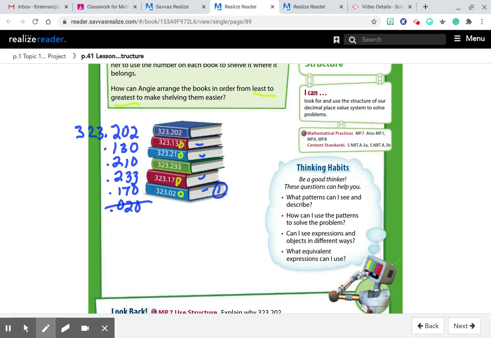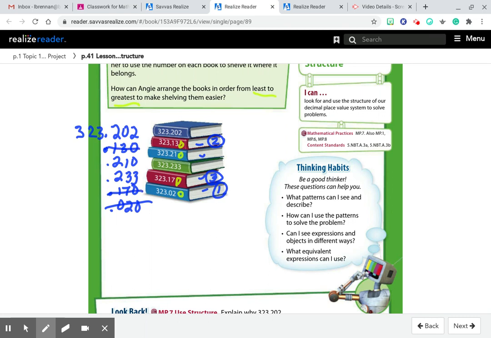And get rid of that one. Then for the next smallest book, I have 2, 1, 2, 2, 1, so it's going to be between the 0.130 and the 0.170. I can tell that is going to be the next smallest book, because I know 170 is bigger than 130. So 130.